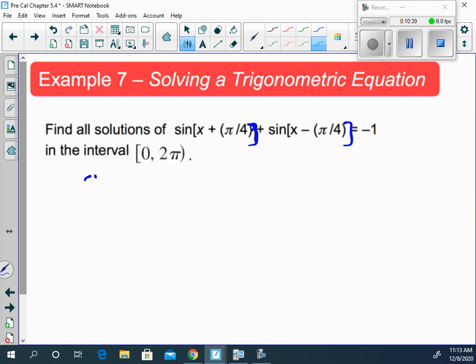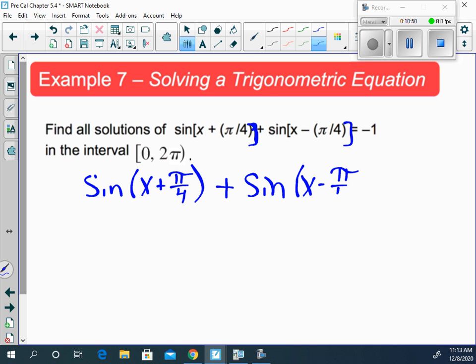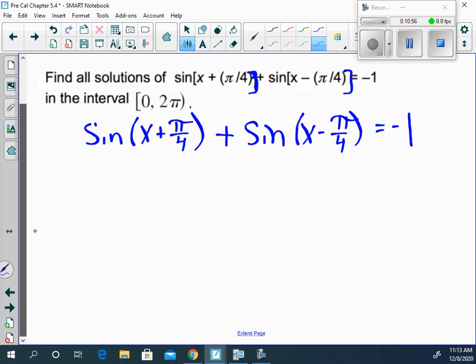So we're solving for x, right? If I can get sine of x by itself, then we can solve from there.